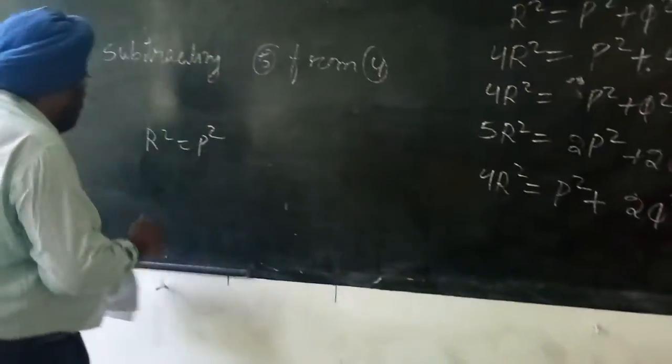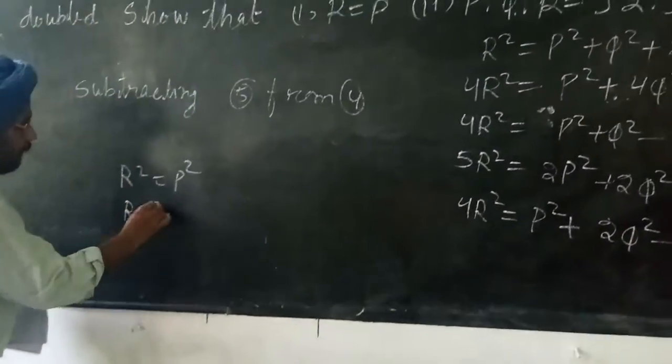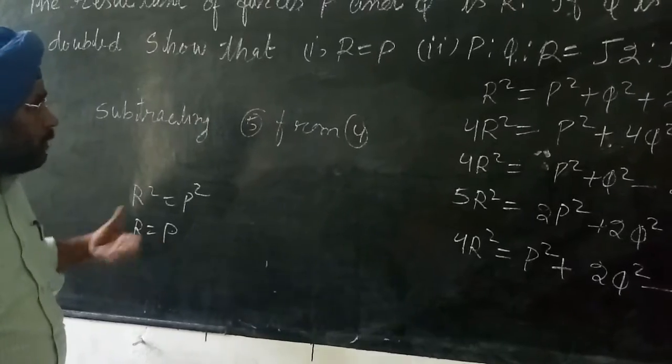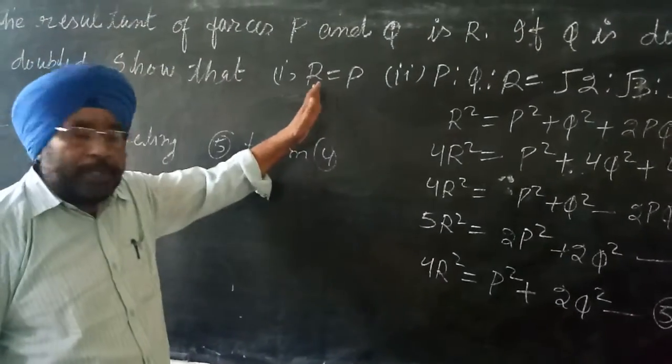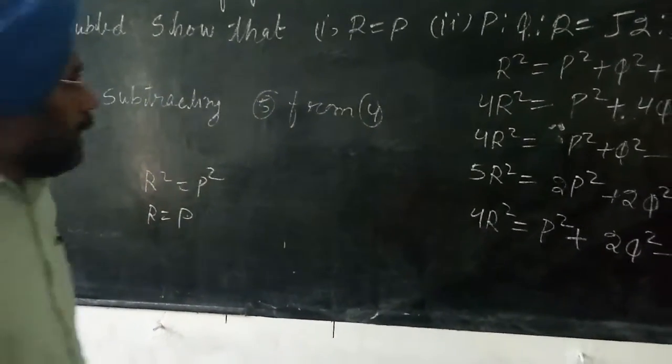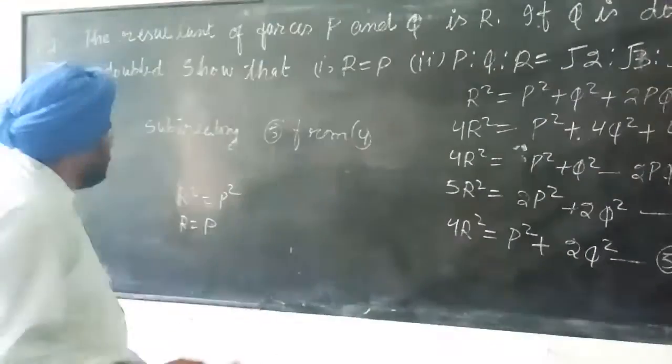So it means R is equal to P. So our first part is proved. In the first part we had to prove R equal to P, and this is our required answer.